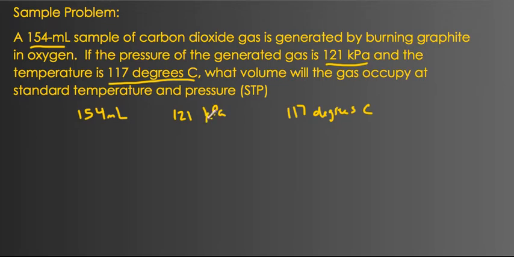Because this is given in kilopascals, not atm. So you need to remember that 1 atm is equivalent to 101.3 kPa. So I'm going from a pressure of 121 to 101. Then standard temperature in degrees Celsius is 0 degrees Celsius. So I have this volume, I'm decreasing the pressure, I'm decreasing the temperature, and I have to figure out what that's going to do to my new volume.